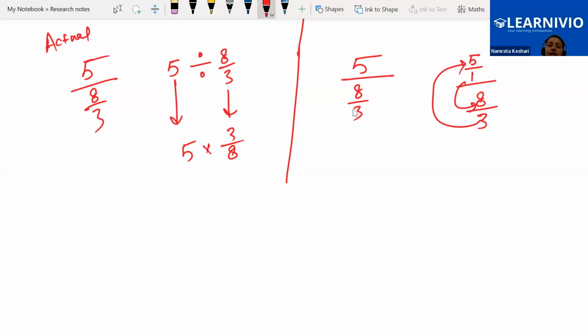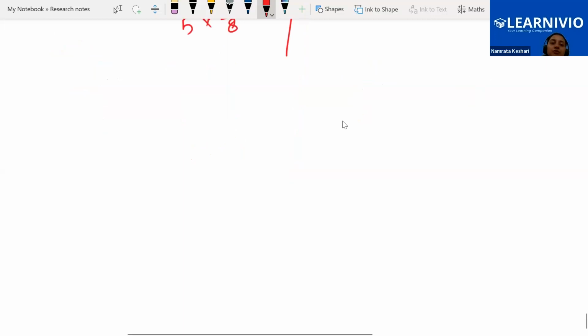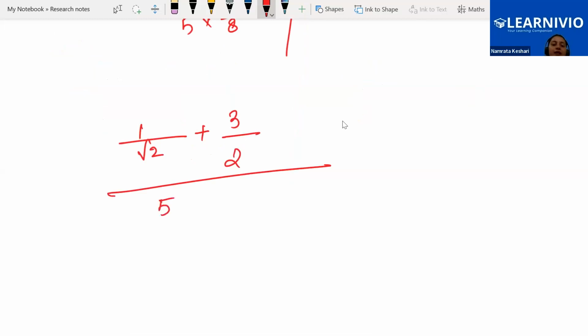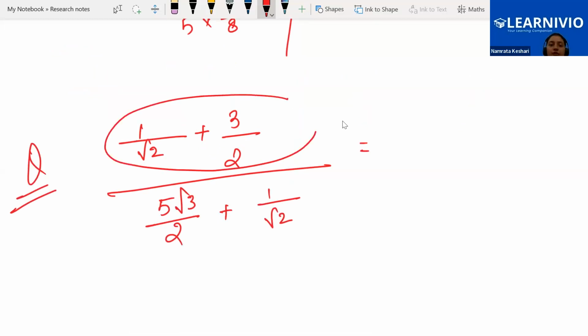Okay. So let's do one question together: 1 by root 2 plus 3 by 2, by 5 root 3 by 2 plus 1 by root 2. Let's do it together. First, we will focus on this one. We will do it over here.